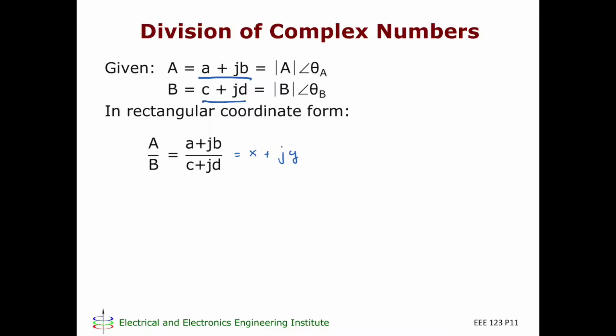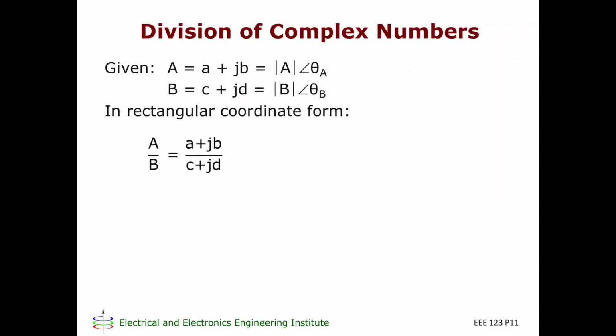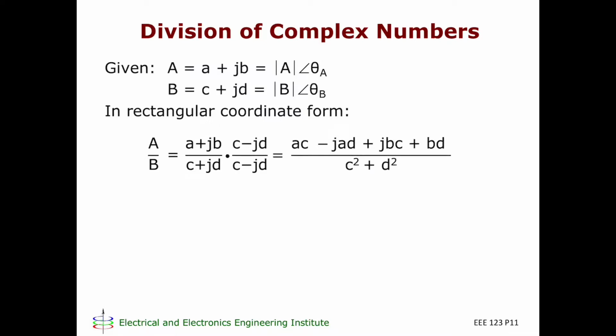To do that, we would have to remove the imaginary part from the denominator. So how do you remove the imaginary part from the denominator? What you do is you multiply the numerator and the denominator by the conjugate of the denominator. So that is c minus jd over c minus jd. Our denominator now becomes c squared plus d squared.